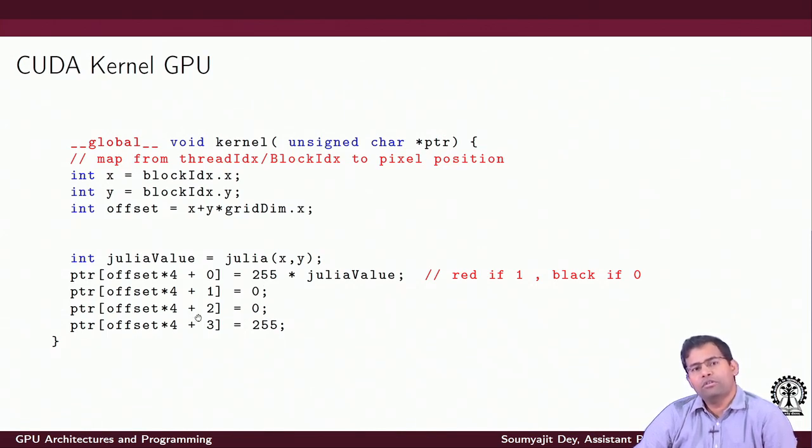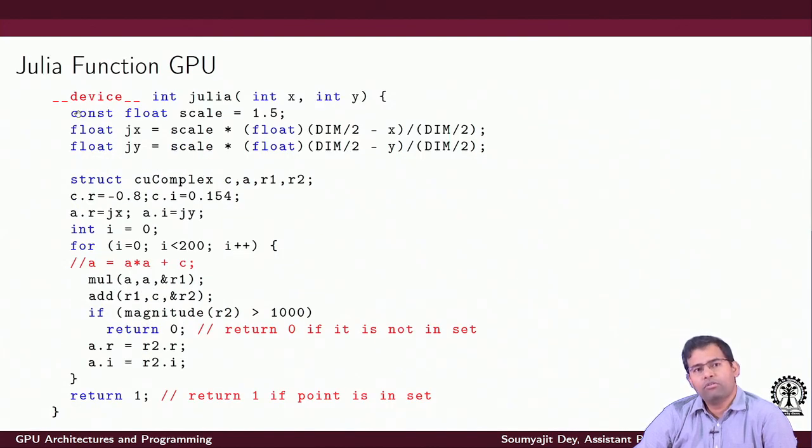So since this is already a kernel and it is going to launch a C code which will do the membership testing, that is why this Julia function is now being called a device side function. So it has got this device keyword tagged with it.